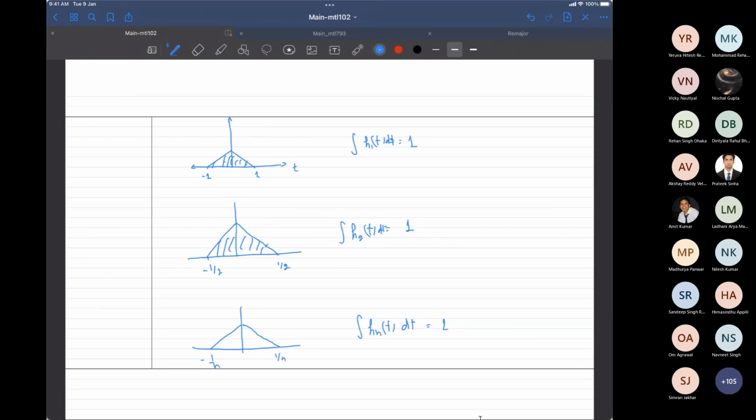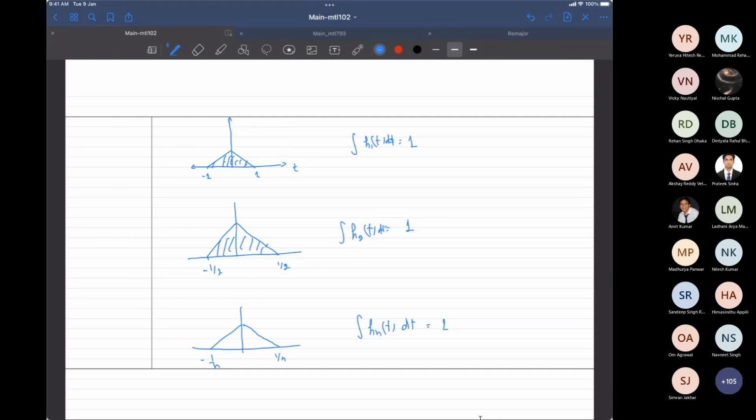So you can see that the base of the function is decreasing and the height of the function is increasing, right? So the area where the function takes non-zero value is decreasing and it's basically going to the singular value 0, and the height of the function is increasing, so the top value will go to infinity, right? You have to compensate accordingly.